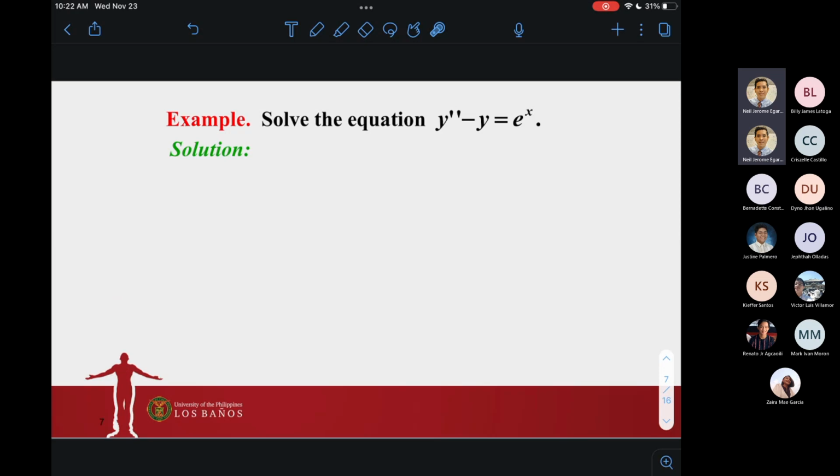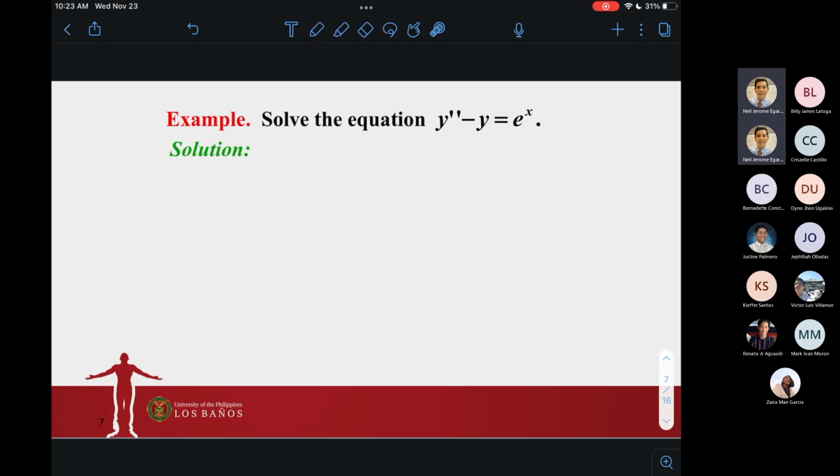We can solve this problem using the method of undetermined coefficients that we discussed before, because e to the x, we can build a GLDE for it, right? Because here, you just need a characteristic polynomial with a root equal to 1. So you can do m minus 1 for your differential equation. So your g of D is D minus 1. Easy peasy, right?